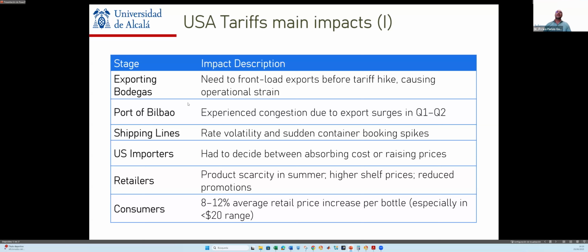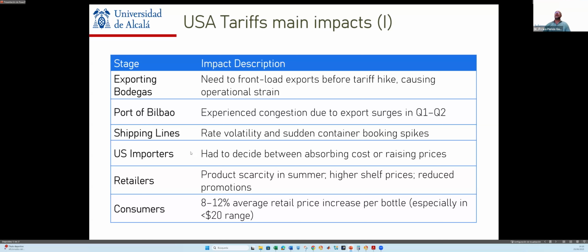So it made the port of Bilbao, in the north of Spain, the closest port to the Rioja producers, congested in the first two quarters. This is part of the problem, because there was not enough capacity for handling all these strategic movements to avoid the impact of tariffs.